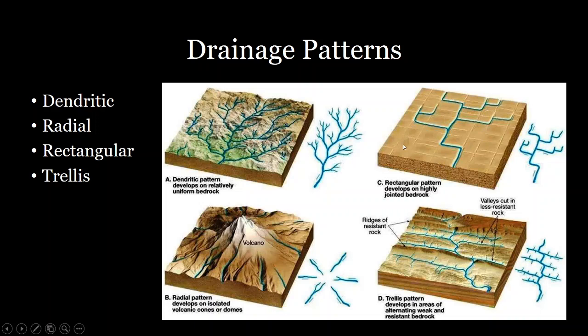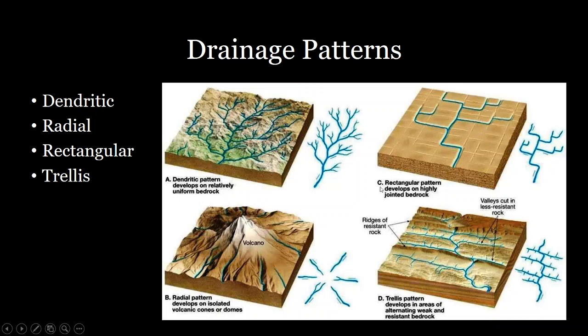Next, we can have rectangular drainage networks. So oftentimes in limestone, highly fractured and jointed bedrock, you can have these right angles that develop along those joints. And so instead of these kind of curvy intersections, you have more right angled intersections.